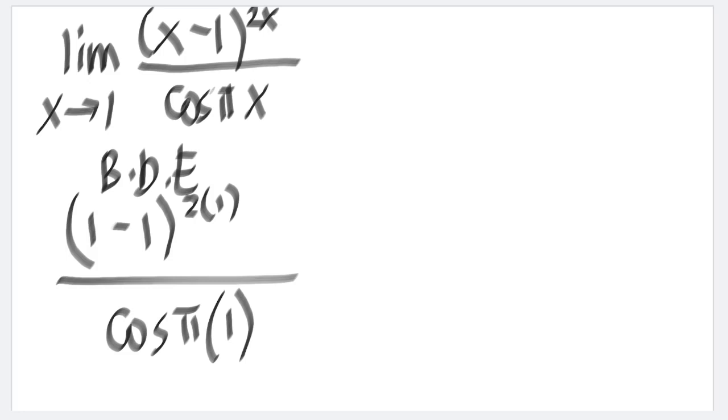Okay, so this is equal to 0 over cosine pi, that is 0 over negative 1, and this is equal to 0.